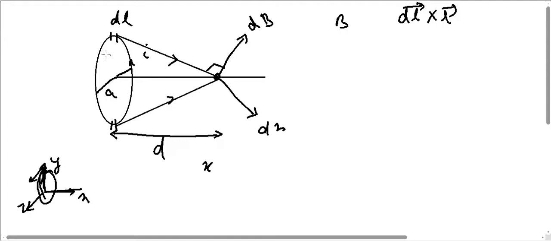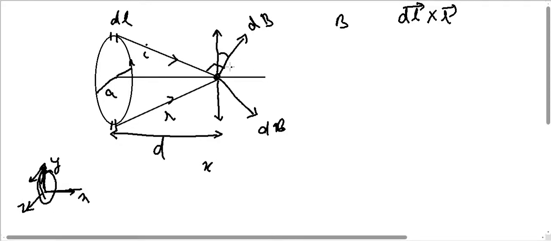So we see that for every element there is a diametrically opposite element, because both are of same dl and both are at same distance r, the magnitude of dB will be same for both these small elements. So the y component will get cancelled, because they will be equal and opposite to each other.